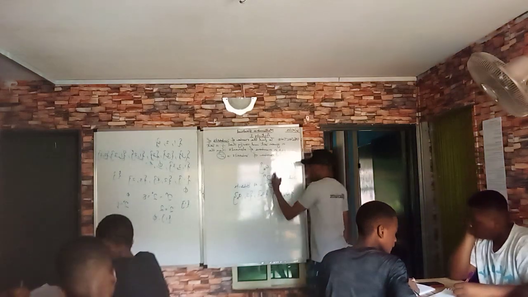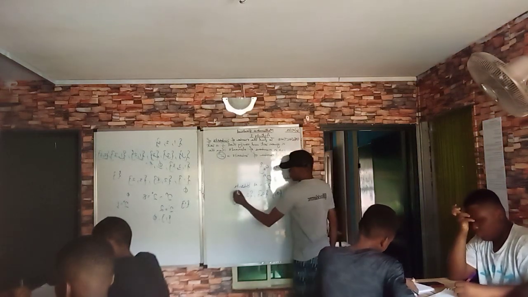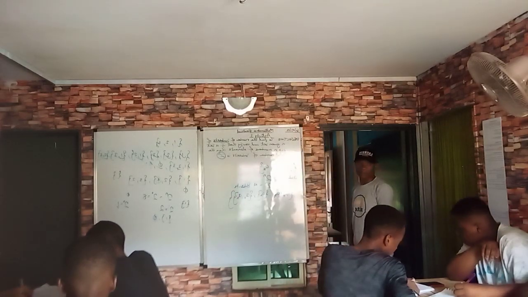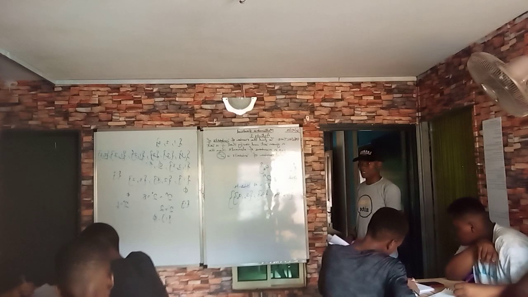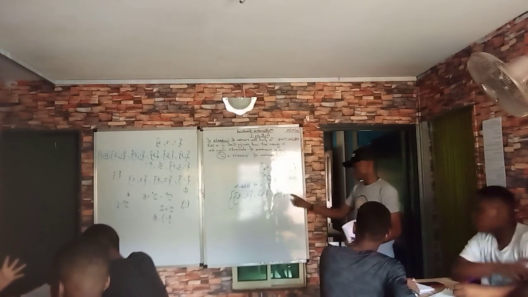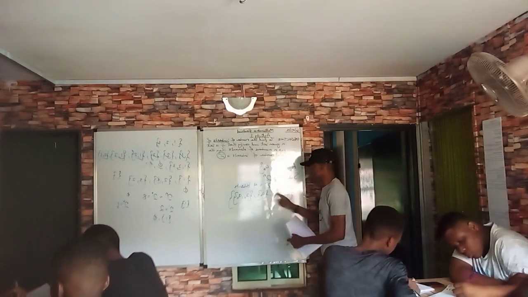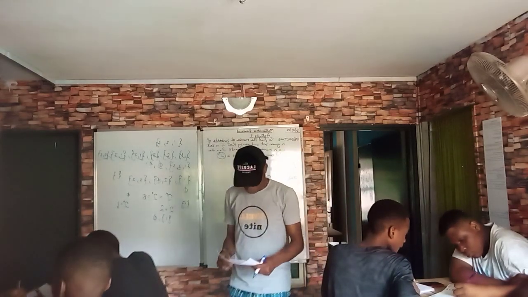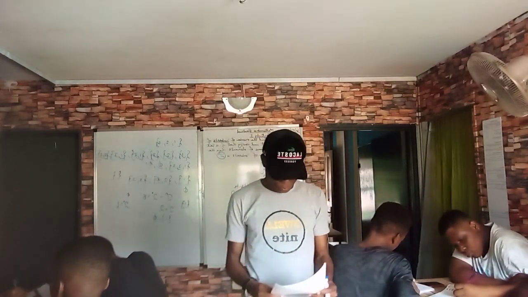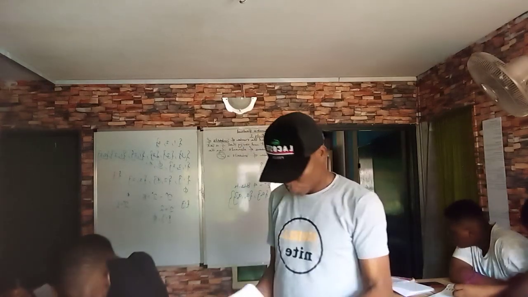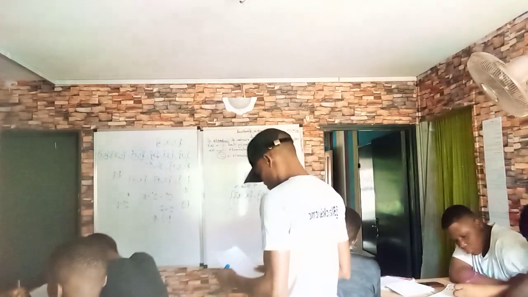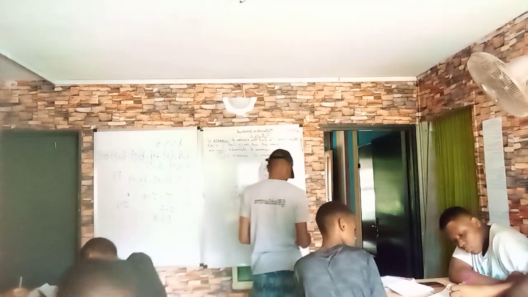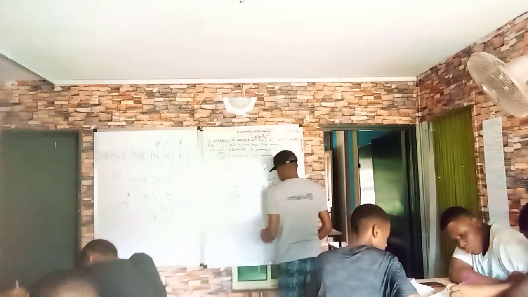Somebody said A3; is that A3 here? So how many subsets did I write now? 4: the empty set, A1, A2, and the last one, A1 and A2. Can I continue?